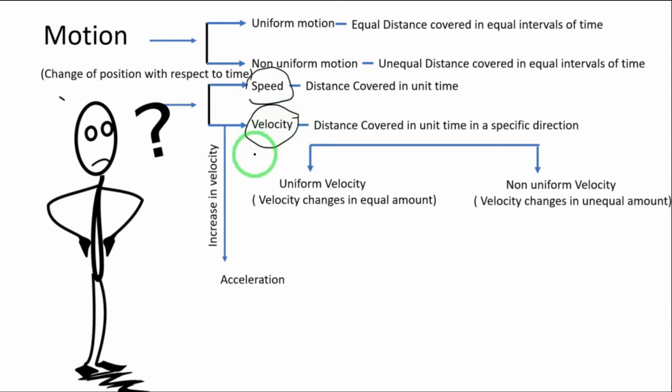Why does velocity change sometimes and lead to acceleration or deceleration? What is that external agency? And that is what we are going to learn in this chapter, and that agency we call force, right?